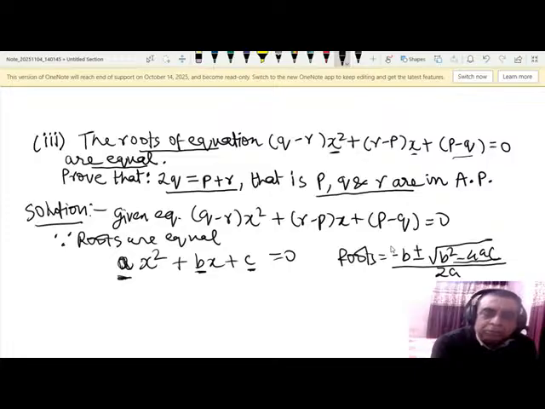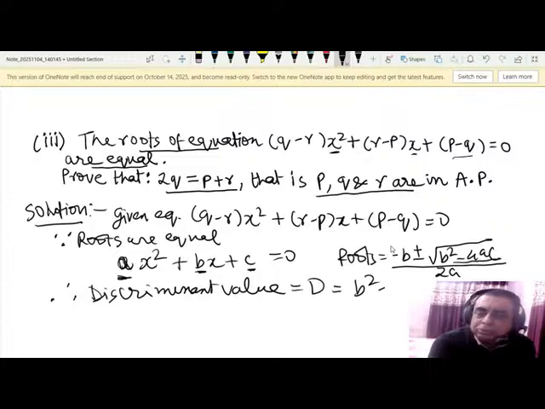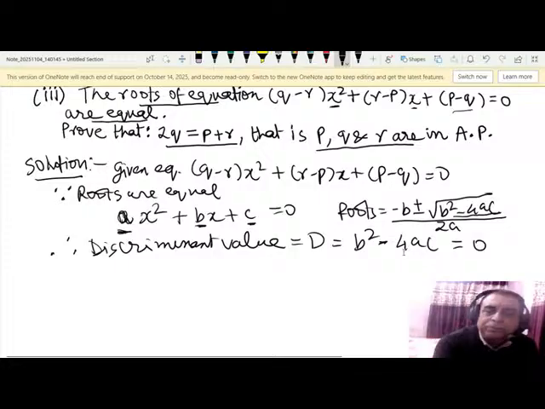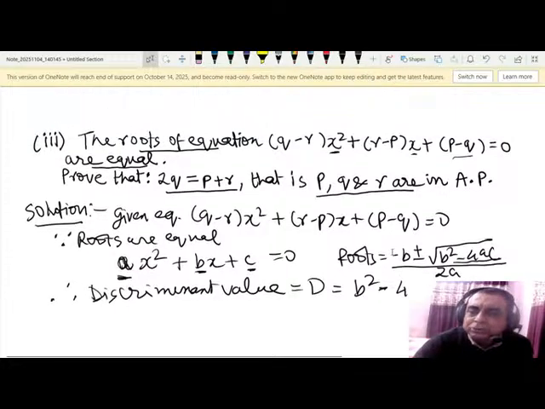Now because the roots are equal, the discriminant value, which we denote by capital D, which is equal to b squared minus 4ac, is always equal to 0 when the roots are equal.